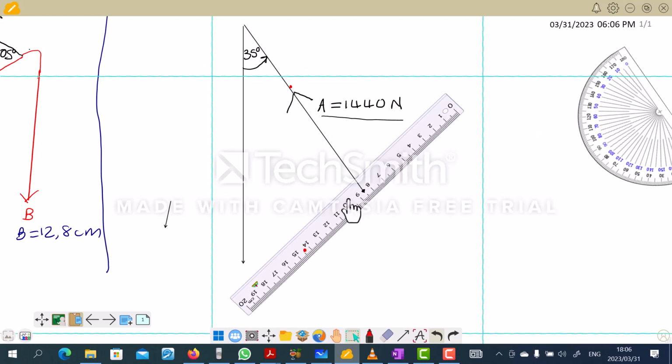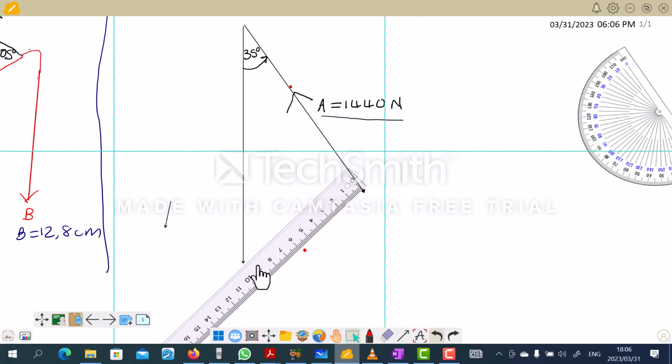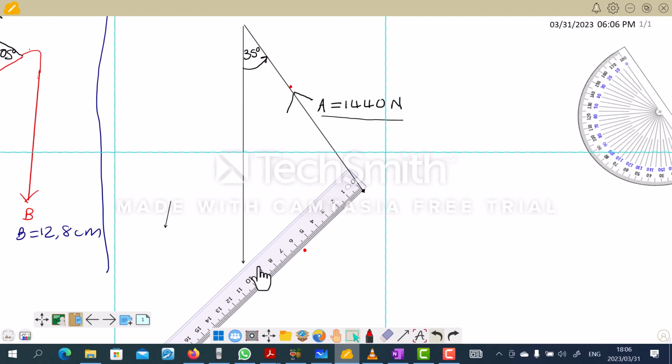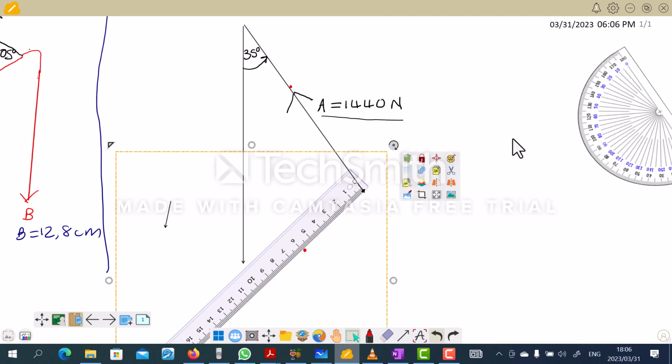Yeah, so I'm going to start here from 0 to 12.8. Okay, I'm not on the point that I wanted.